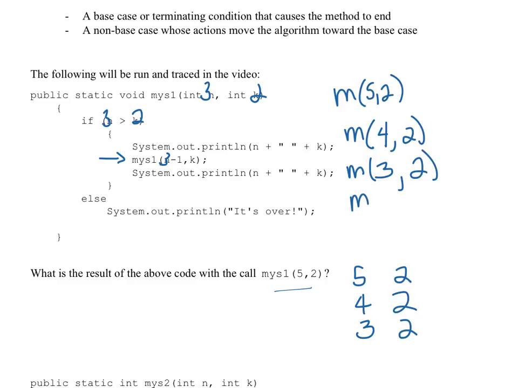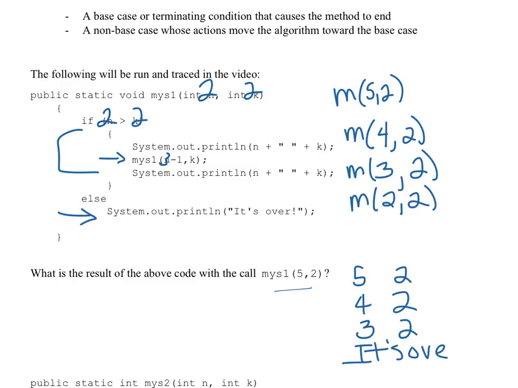So it's going to call mystery 2, 2. So erasing this, 2, 2. Is 2 greater than 2? No. So this is how we reach the base case. This is why it says it's over here. It does not even enter this little area. It just says it's over.